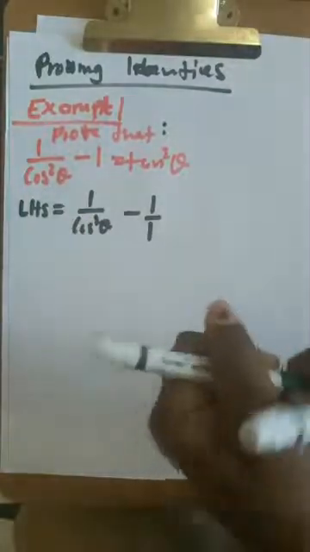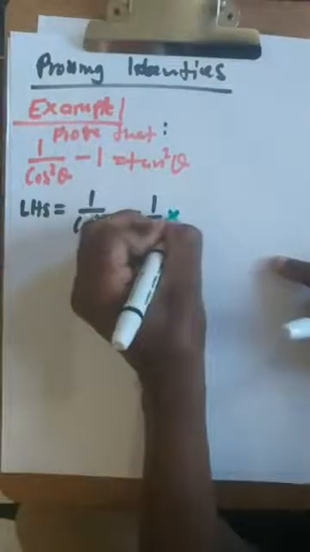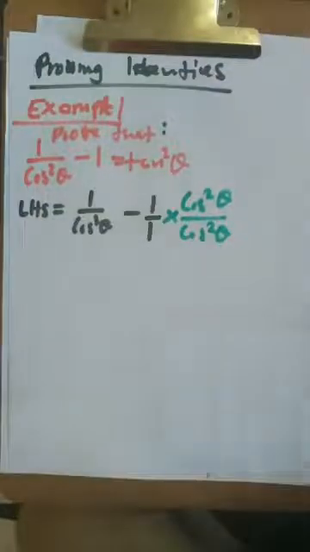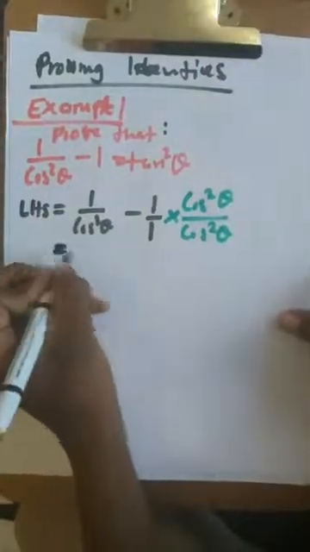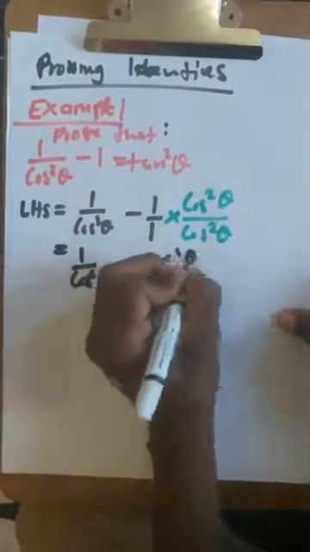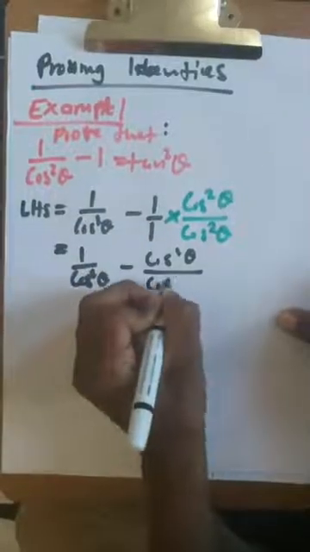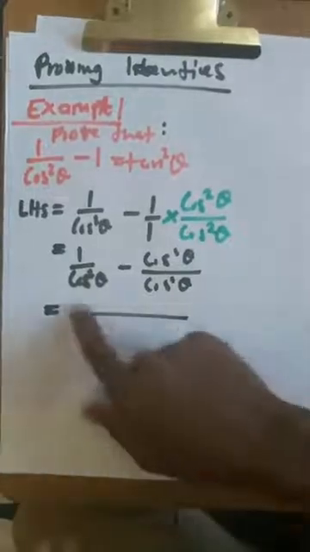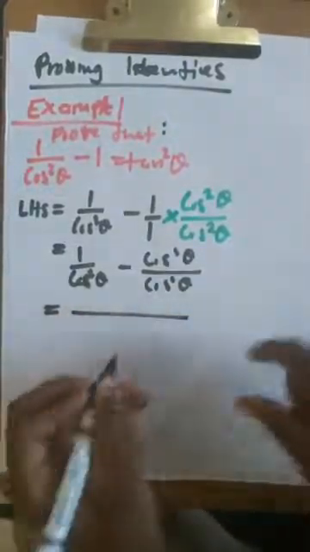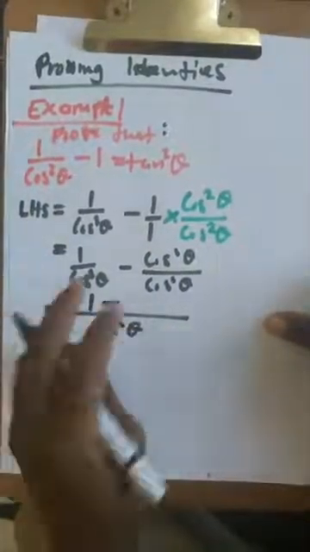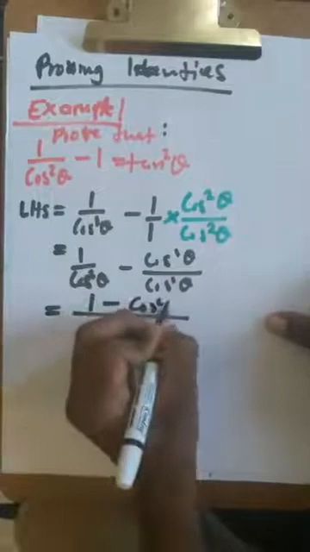To make sure the denominators are the same, we multiply the 1 by cos squared theta over cos squared theta. Then we have 1 over cos squared theta minus cos squared theta over cos squared theta, so the numerator is 1 minus cos squared theta, over cos squared theta.